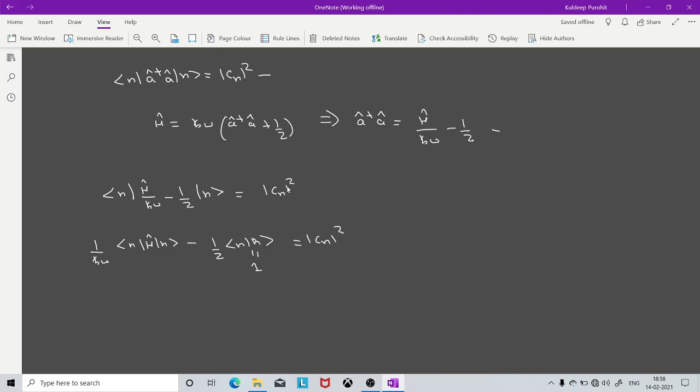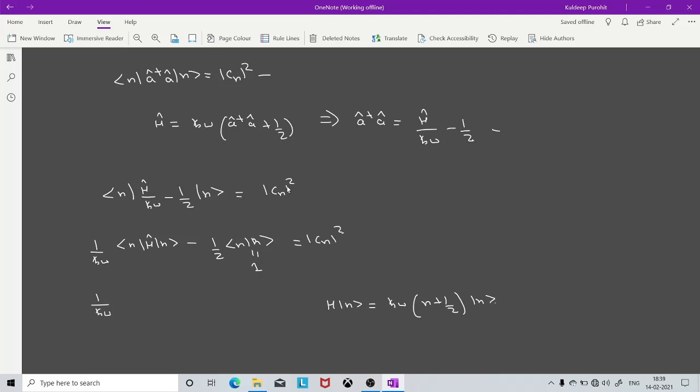So this is equal to 1, and we have 1 by h cut omega. As we know, when H operates on state n, you will get h cut omega into n plus 1 by 2 into ket n.